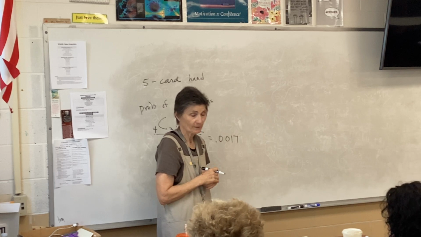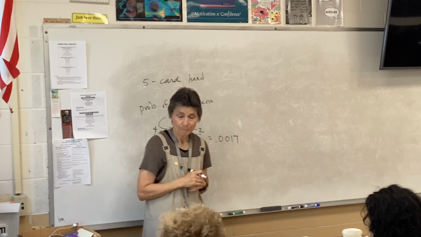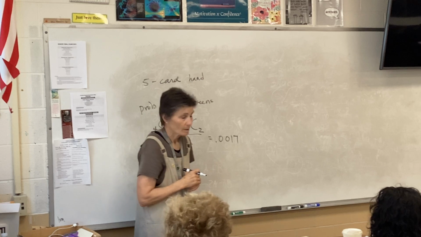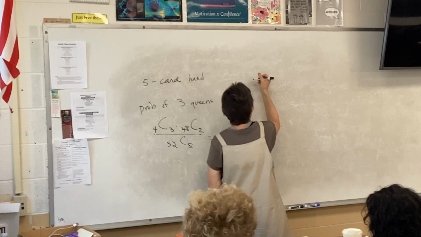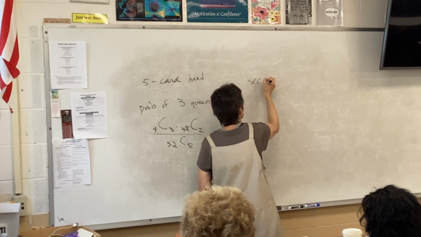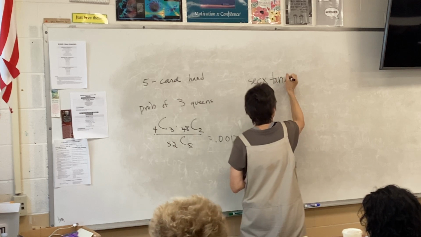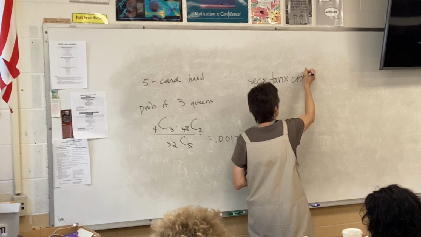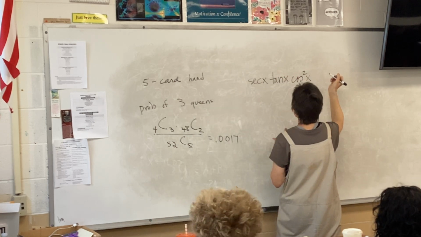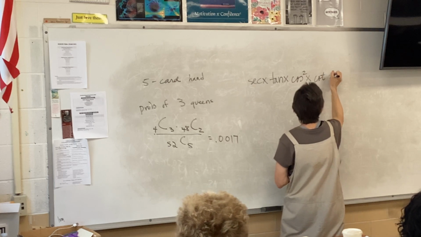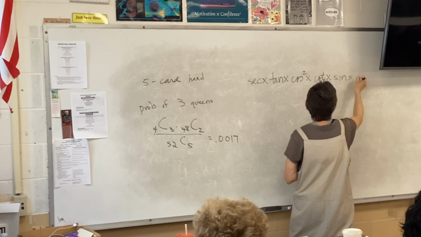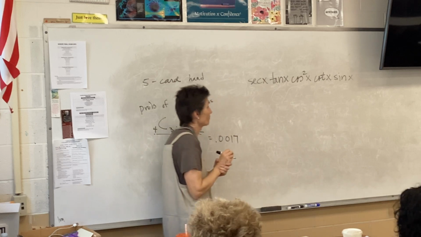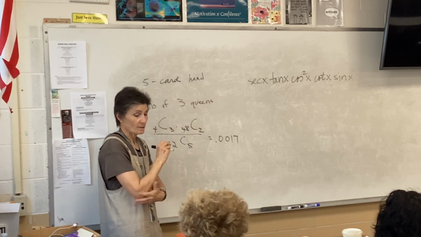Okay, you find something, Peyton? The cosine, tangent, secant, sine. So simplifying something like that. So what's our strategy?